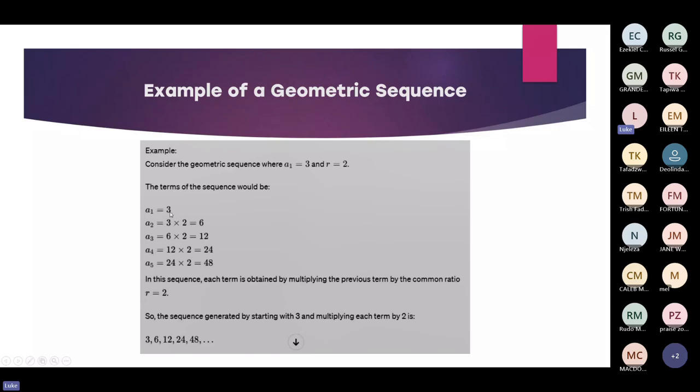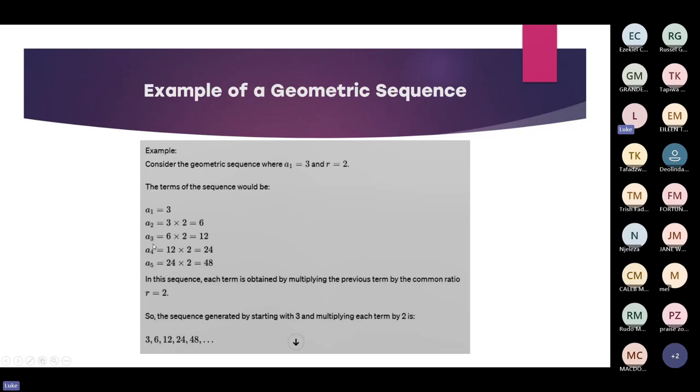On a1 we have already a 3 that is given. If we multiply it by 2, we are going to get a 6. So we have multiplied the first term with the given ratio, that is 2, to get a 6.